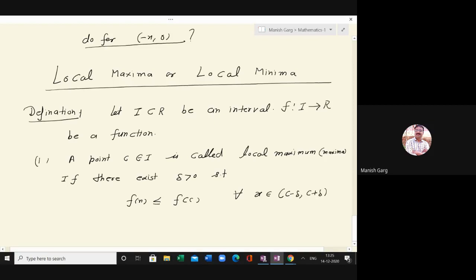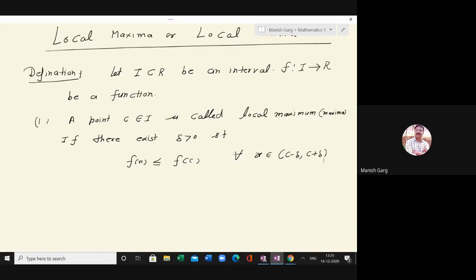So a point is called local maxima if the value of the function at that point is maximum among all the points in the neighborhood of c. If you go left hand side and right hand side, the value of the function will be maximum in the neighborhood of c minus delta, c plus delta.